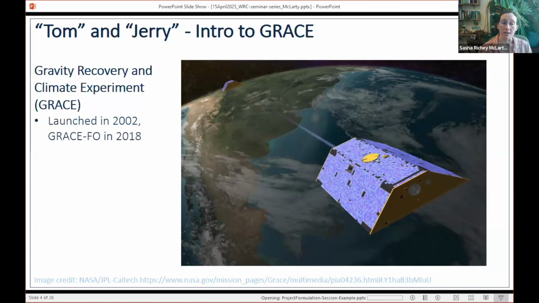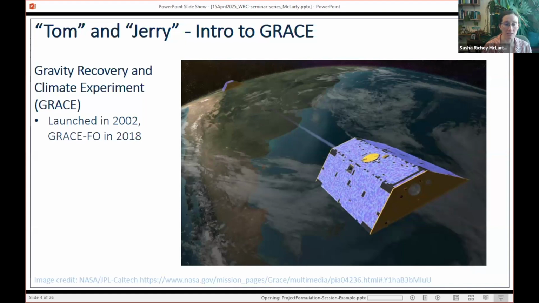So the GRACE mission was launched in 2002. It had a 5-year lifespan and it ended up exceeding that. Eventually the batteries on the satellites died and a GRACE follow-on mission was launched in 2018. And so we have close to continuous monthly data collected from, we started using it in January of 2003 to present day.